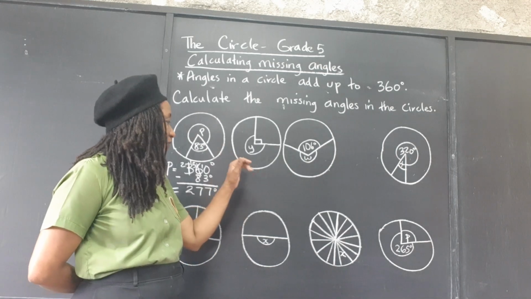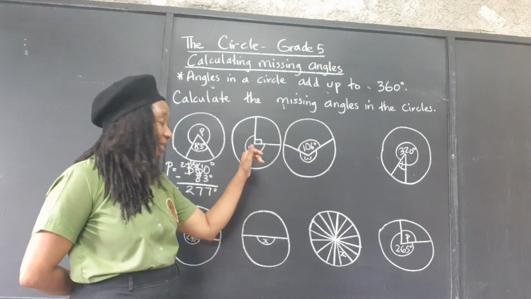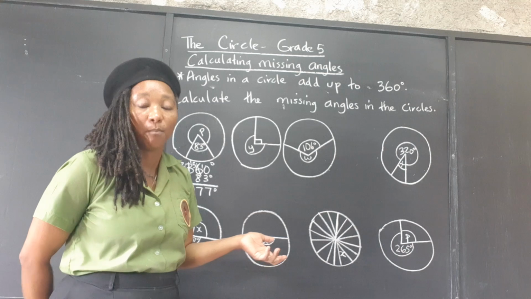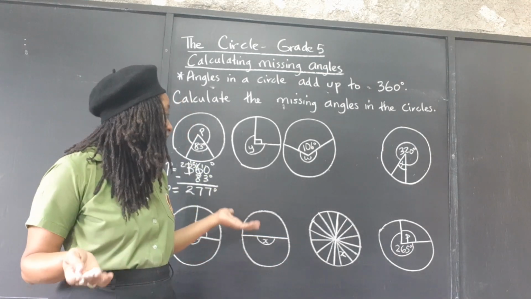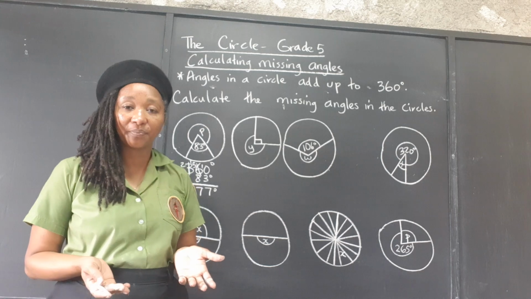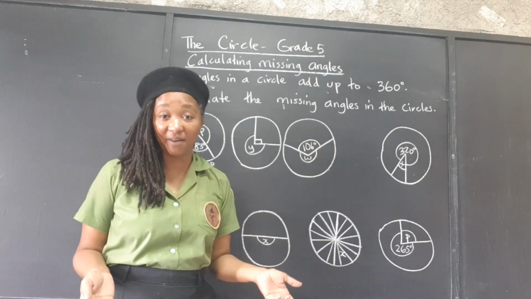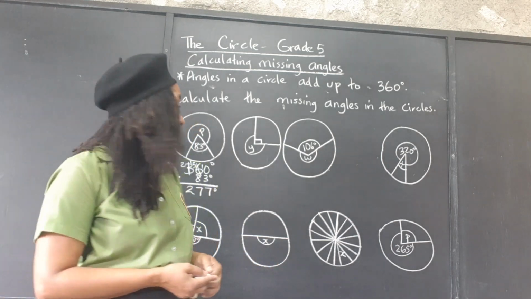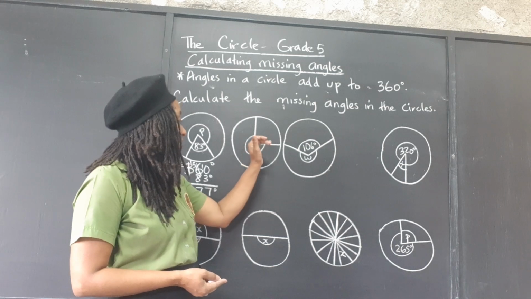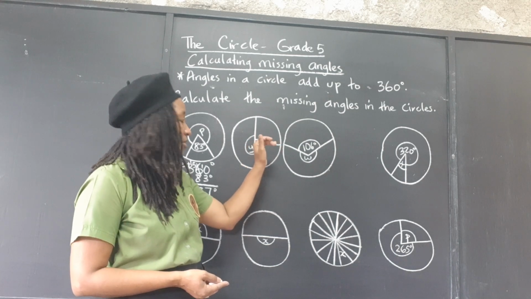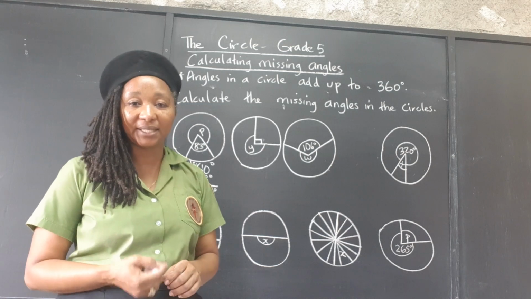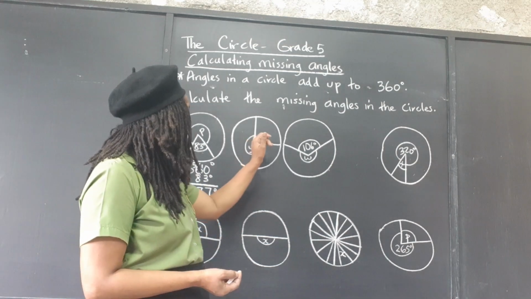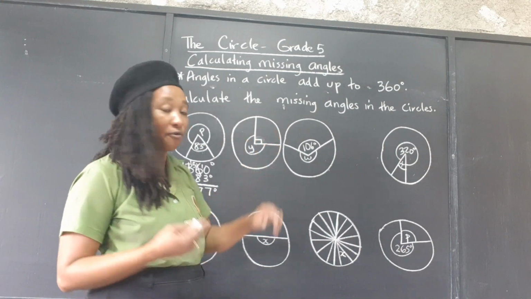Now for this circle, they want us to find what is y. But they have not told us what the other angle is. Or have they? The minute we see this little box representing an angle, that box means 90 degrees. This is a 90-degree angle or a right angle.